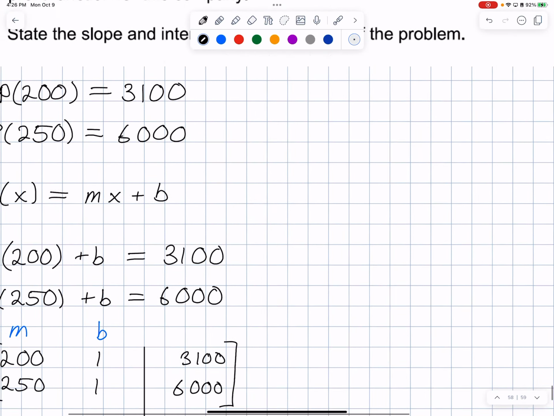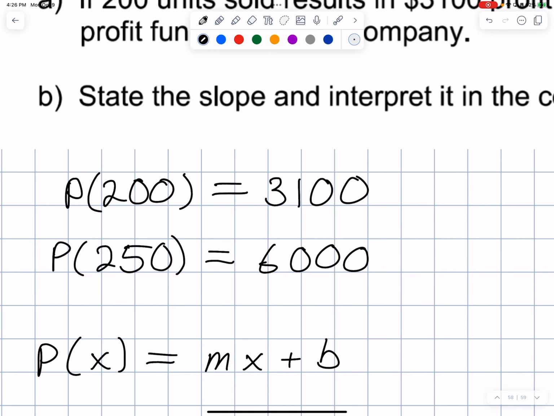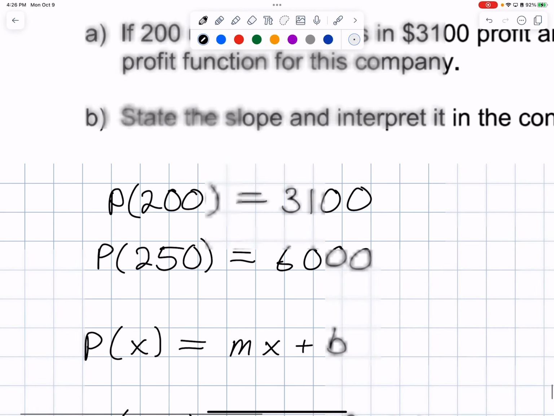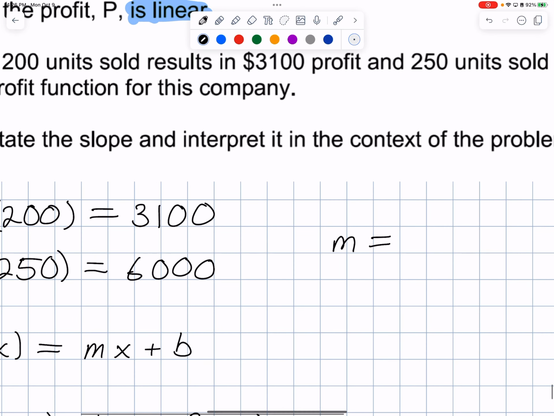Here's a different way to do it. These 2 points are on a line. How do you find the slope if you got 2 points? Do y'all remember the equation for slope? The slope is equal to y2 minus y1 over x2 minus x1.